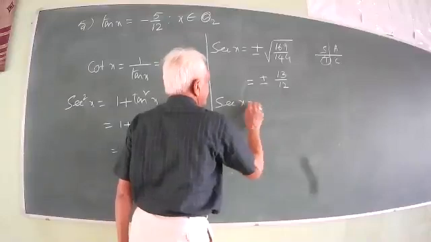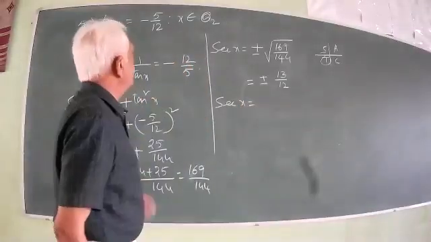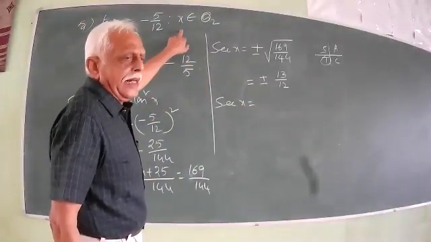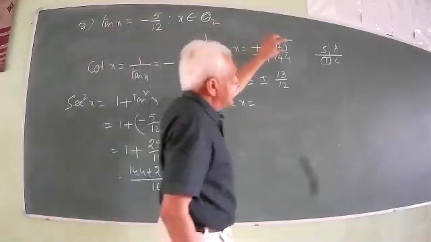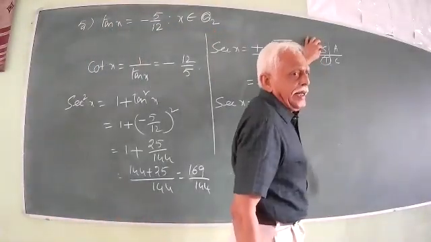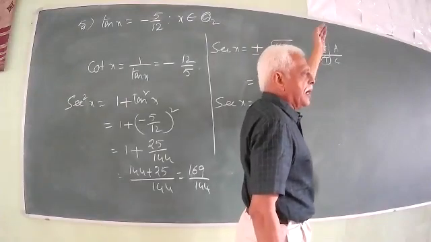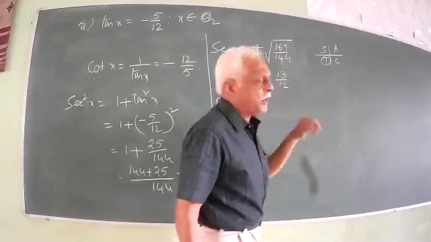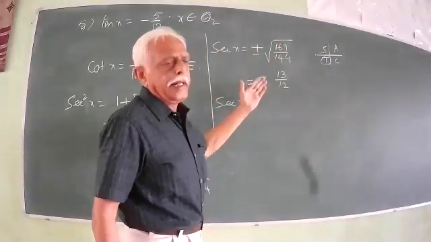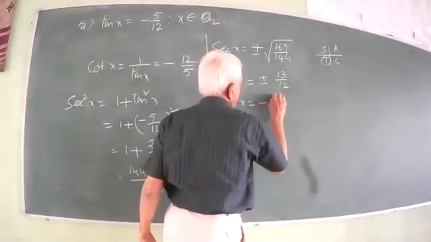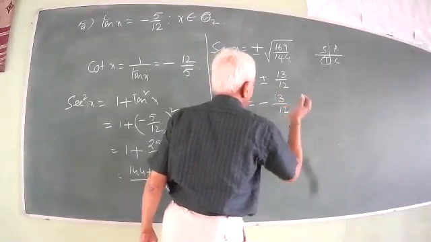Secant x is equal to, where does x lie? X lies in the second quadrant. In the second quadrant, sine and its reciprocal, those two, are positive, and all other ratios are negative. So what you have to do is give a negative sign: minus 13 by 12.